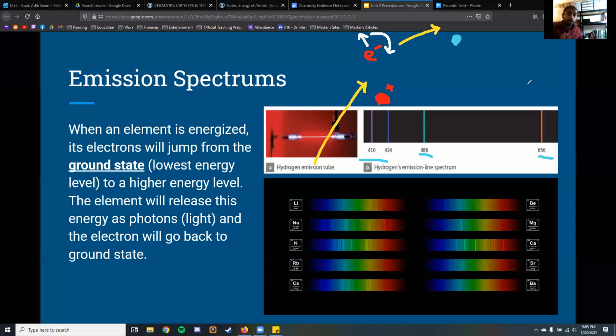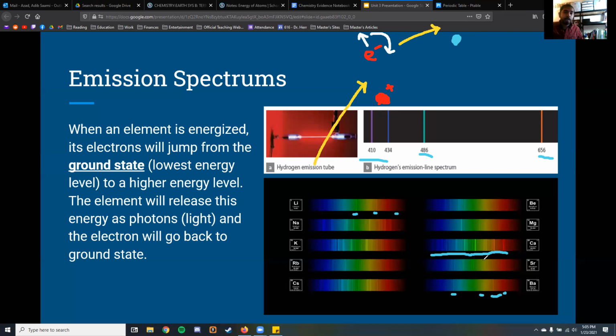And every element has its own unique band. If you look at lithium, it's got green, red, a little bit darker red. That's about it. If you look at calcium, it's got all these different bands out here. If you look at barium, it's got maybe 1, 2, 3, a few out here. And so you see different levels, different colors based on each element, and different emission spectrums.